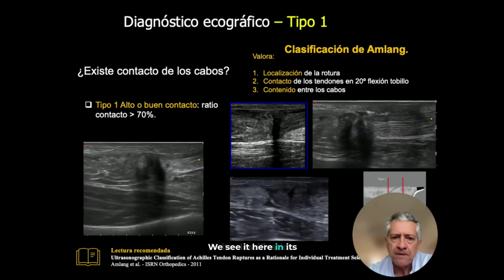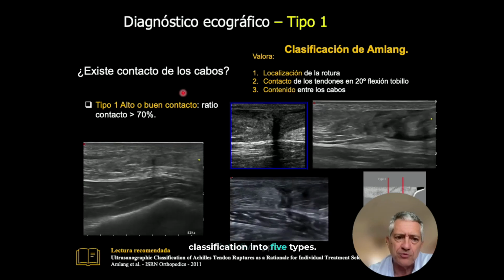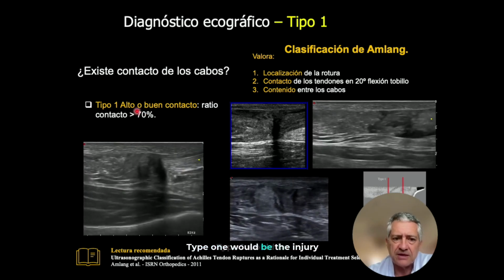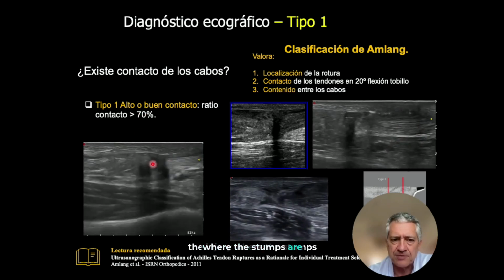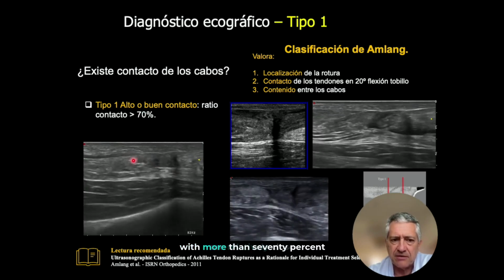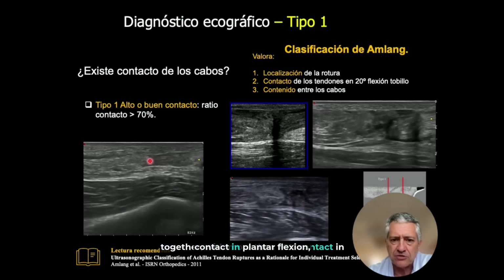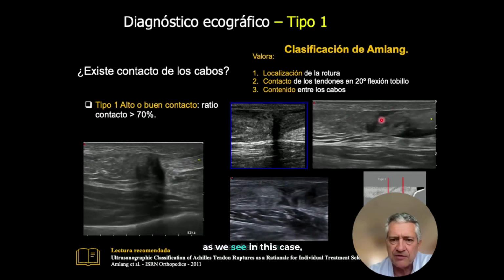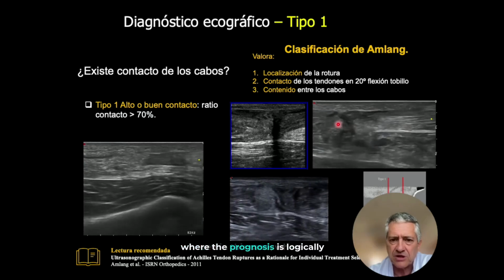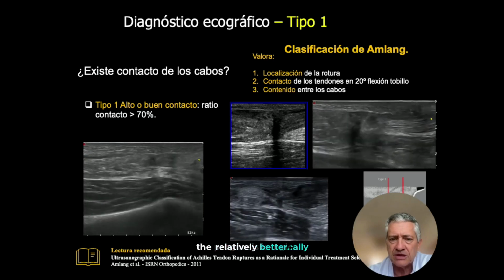We see it here in its classification into 5 types. Type 1 would be the injury where the stumps are relatively close, with more than 70% contact in plantar flexion, as we see in this case, where the prognosis is logically relatively better.